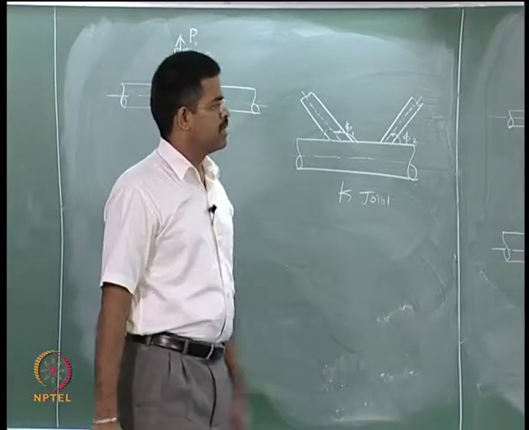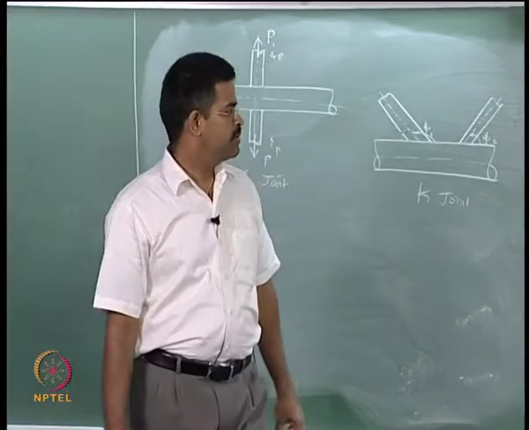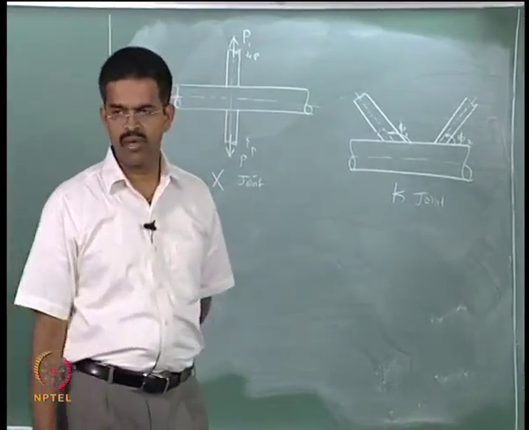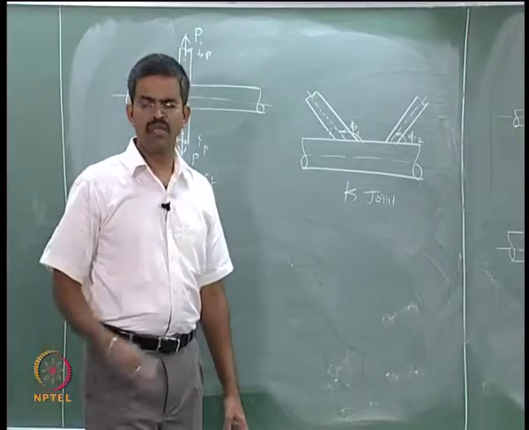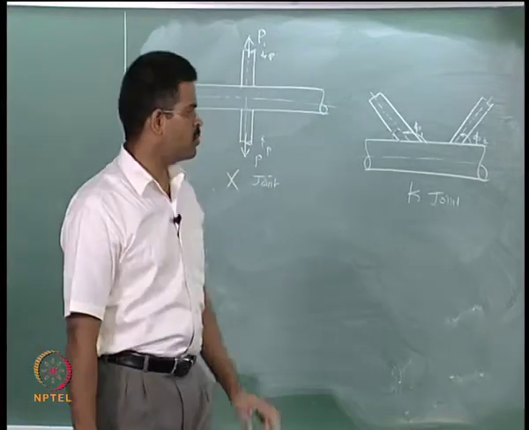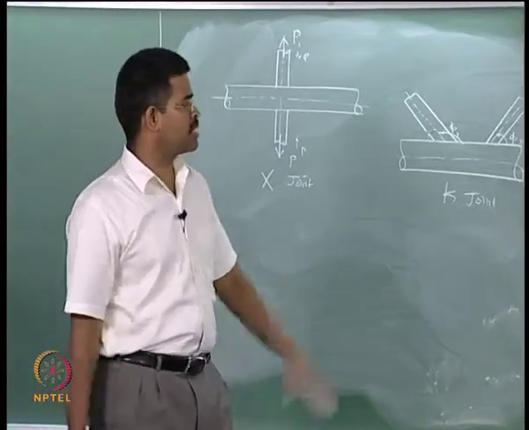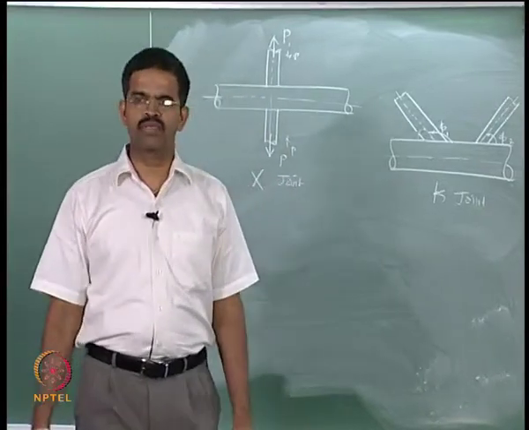As I said, the analysis of hotspot stresses in these kinds of junctions or joints is complex. People have used empirical relationships and derived what we call stress concentration factors. We will see how they are used for assessing the capacity of these kinds of joints, and that will be the last lecture we have in the first module.